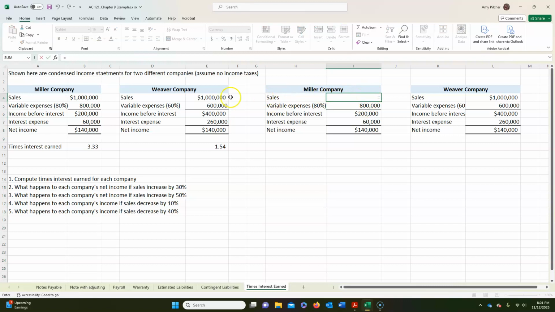Here we have sales of 1 million times 1.3, because it's a 30% increase in sales. And same thing here, we're going to take 1 million times 1.3.